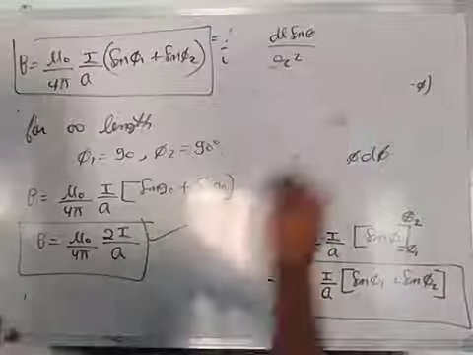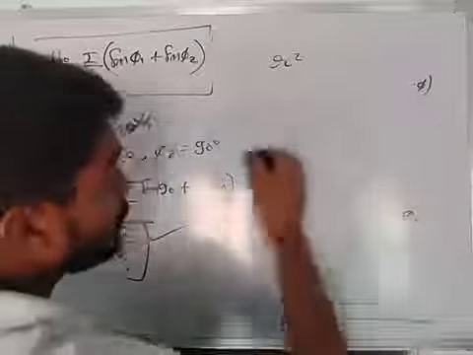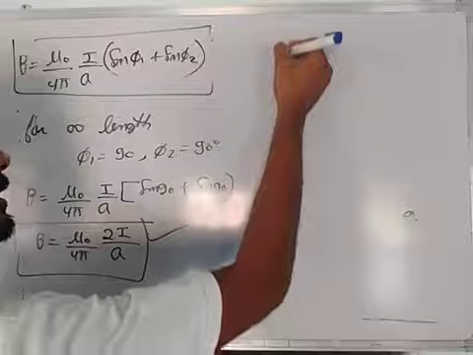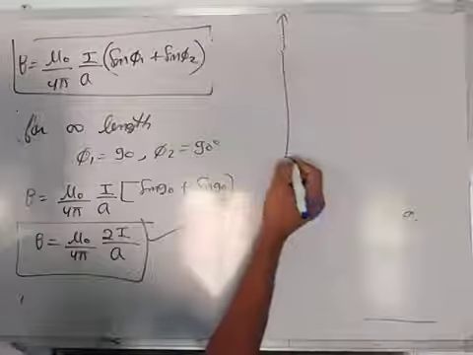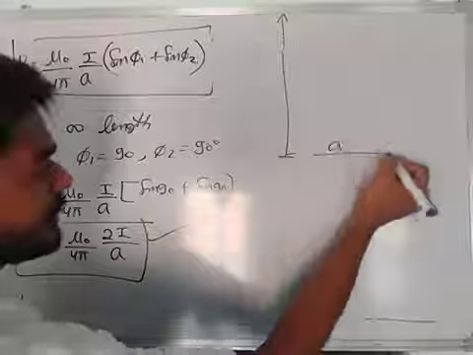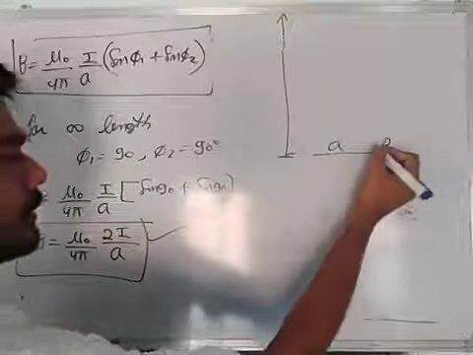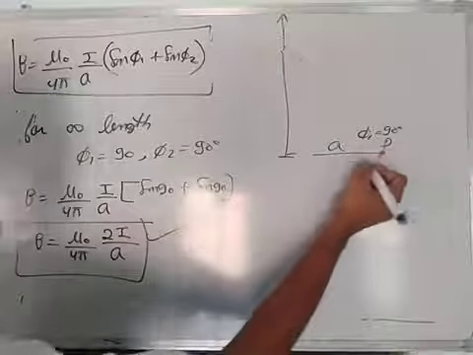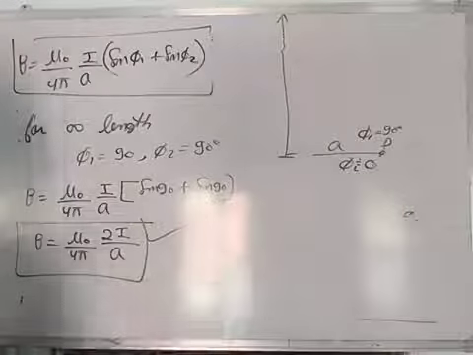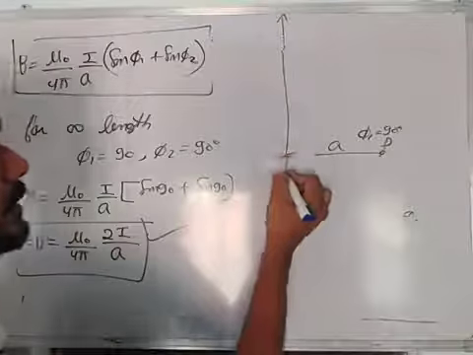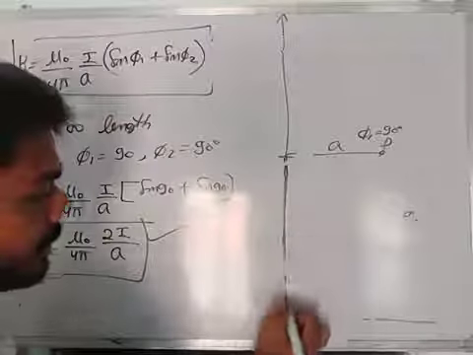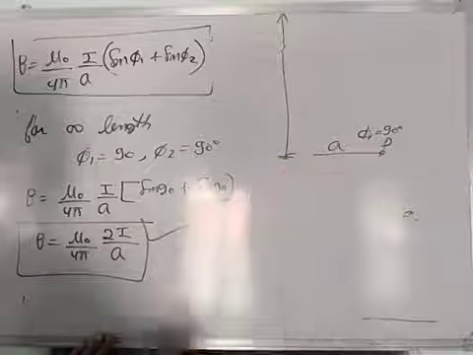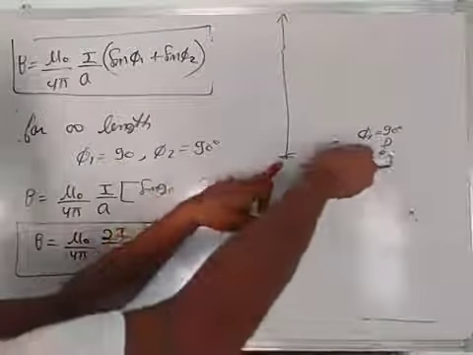For semi-infinite length, consider a conductor whose length is semi-infinite. Semi-infinite means the conductor extends infinitely in one direction. Then at distance a, φ₁ will be 90 degrees and the lower angle φ₂ will be 0 degrees, because if you use semi-infinite, you reduce this part, and as this part reduces, this angle decreases to 0.